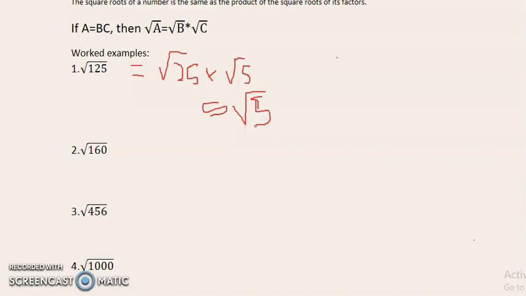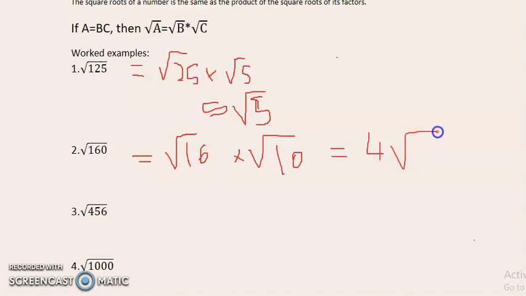Now let's look at root of 160. This is root of 16 multiplying the root of 10. Now root of 16 simplifies to 4. Then we get our answer to be 4 root of 10.